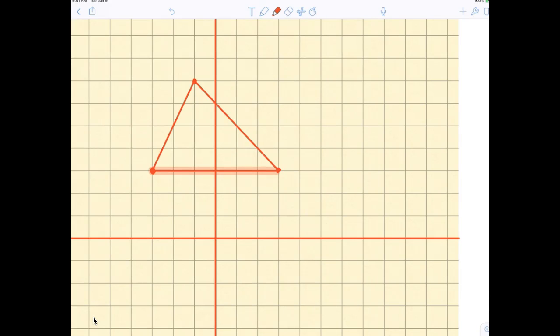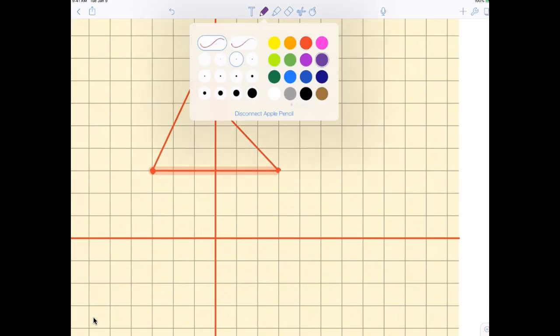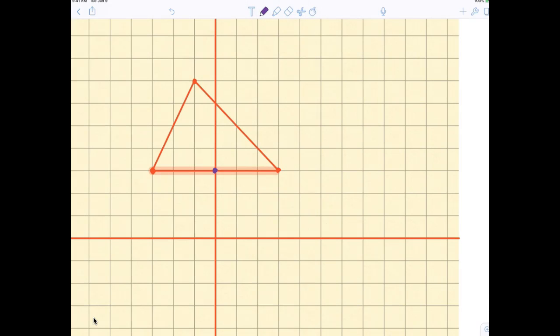Everybody should be able to look at that and say the midpoint looks like about right there. Now, how do we do midpoint again? Midpoint is just the average of the x's and the average of the y's. Now we're going to draw that median. Is everybody okay with that?